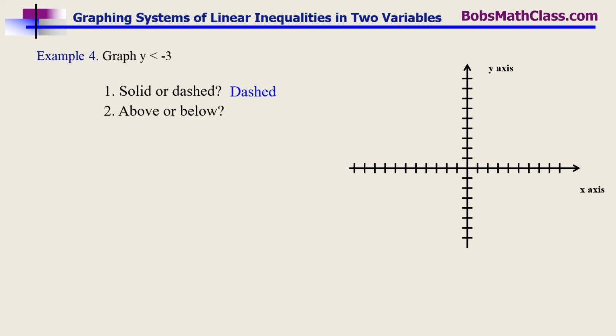It's y less than, so below. And then we need to draw the line. What kind of line is y equals -3? Right, it's a horizontal line. So you go to -3 on the y-axis and then draw your horizontal line. Don't forget to make it dashed. And then shade below.